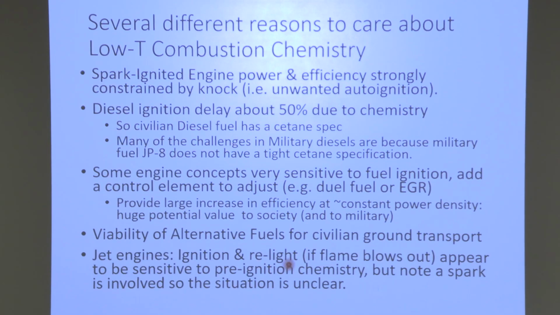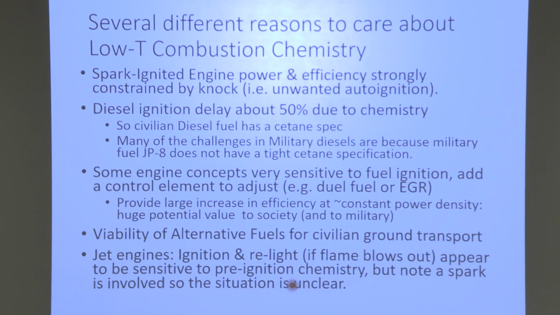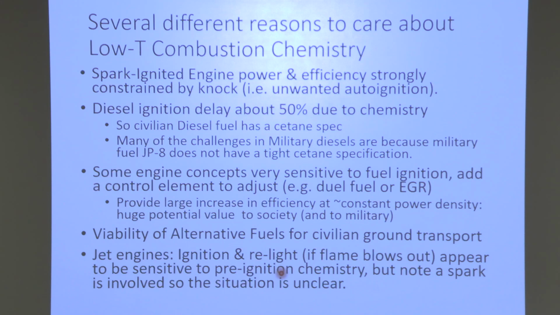And then there's another problem in jet engines. A particularly bad thing that can happen is occasionally a combustor will blow out. So you have no flame in one of your jet engines. And then you really want it to relight, like before you hit the ground. So they have a spark and a bunch of stuff in there to try to make it relight. Exactly what's happening there, not so clear. You'd typically be up at some high altitude.